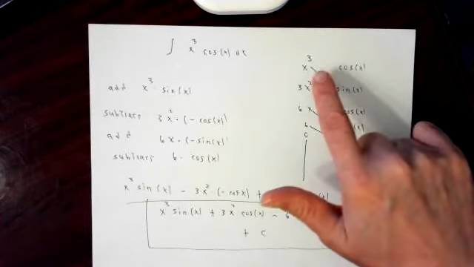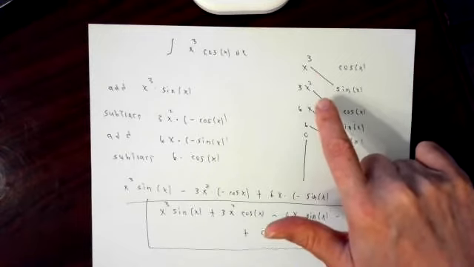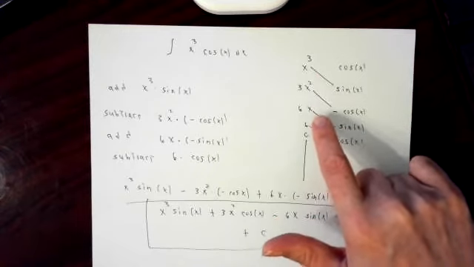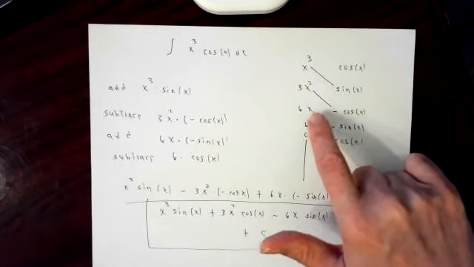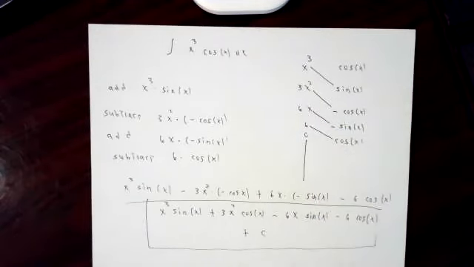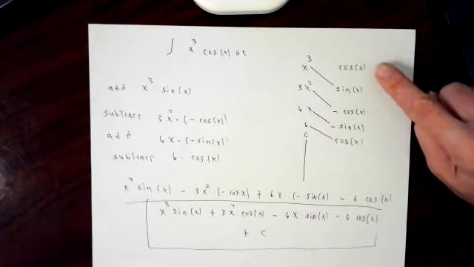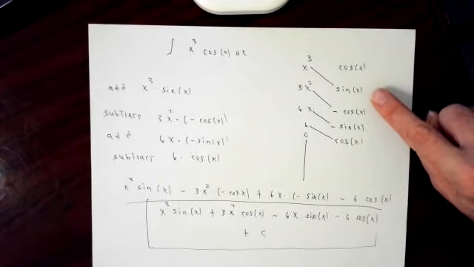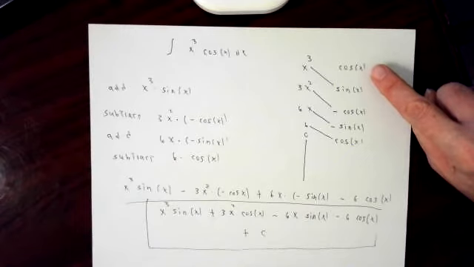So start with x cubed, derivative is 3x squared, derivative of that is 6 times x, derivative of that is 6, and after that, the derivatives of the polynomial part are all zero. Antiderivative for cosine is sine, because the derivative of sine is cosine.